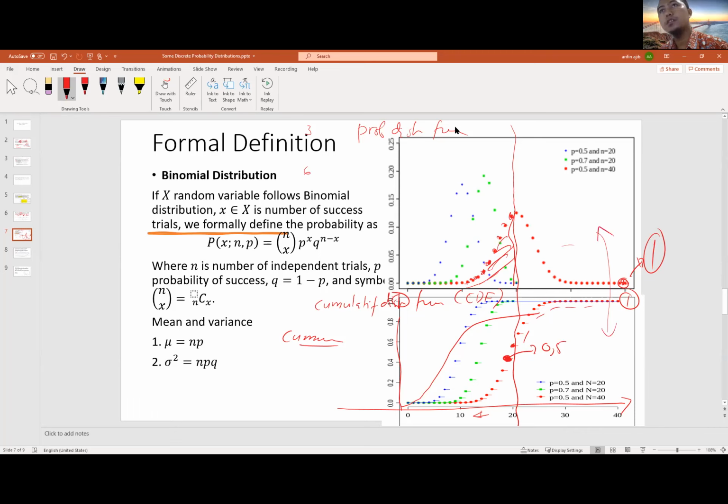graphs? What is the difference? This is the probability distribution function, and the lower is the cumulative distribution function. Can you distinguish between the two graphs?